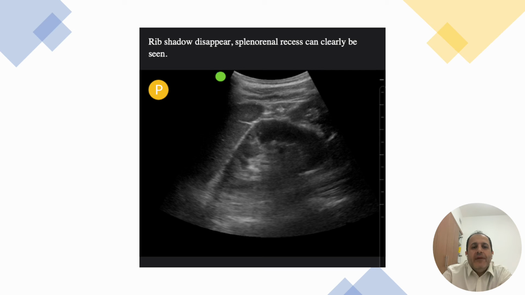So better to always have an image to see the superior and inferior pole in one image if it is possible, in both right and left side, to not miss any free fluid.